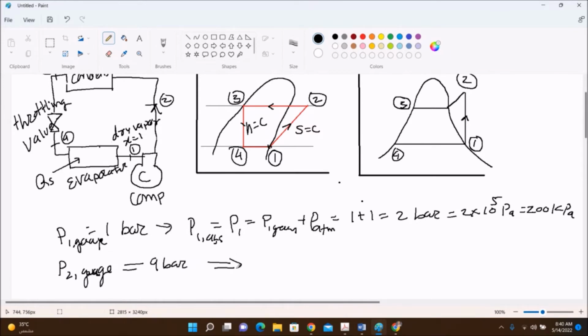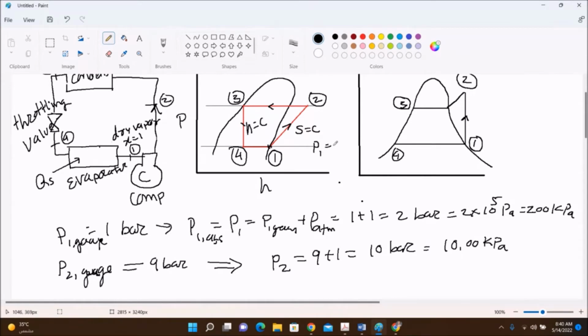So I will calculate P2 absolute is equal to 9 plus 1 is equal to 10 bar, and 10 bar is equal to 1000 kilopascal. So as I know the pressure, this is P1 pressure on the pH diagram.